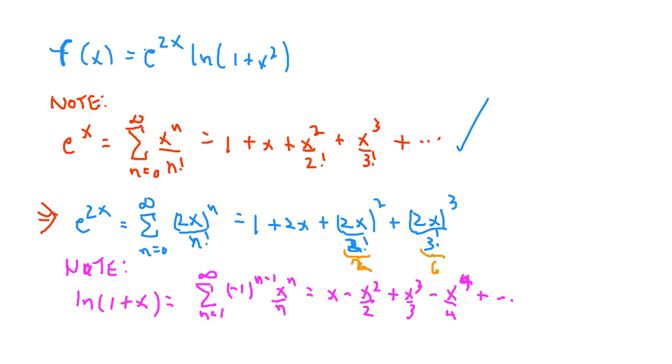Okay, and so this implies that if I want the natural log of 1 plus x squared, all I have to do is put in x squared where the x is.